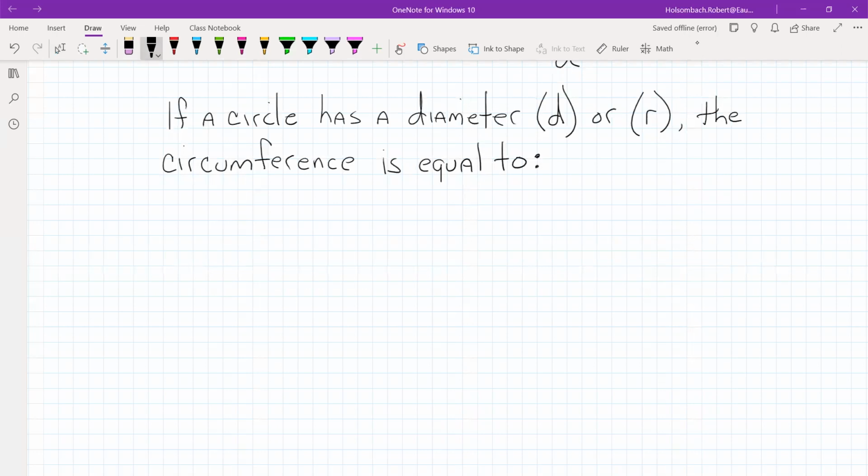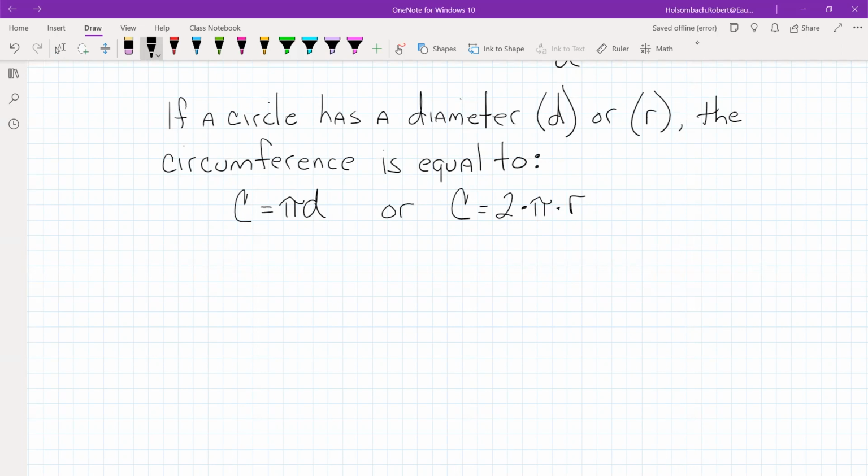One of them is that the circumference of a circle is equal to pi times the diameter. Or you can find the circumference of a circle by multiplying 2 times pi times the radius. Both of those work. Pi times diameter or 2 times pi times r.